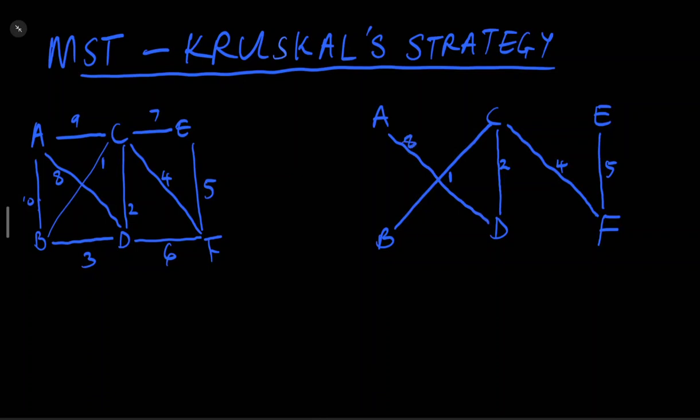The next one is 9, but 9 forms a cycle with CD and AD, so we would pass. How about 10? Yes, it forms a cycle. If we have 10, it forms a cycle with BC, CD, and back to AD or DA. So we would pass.